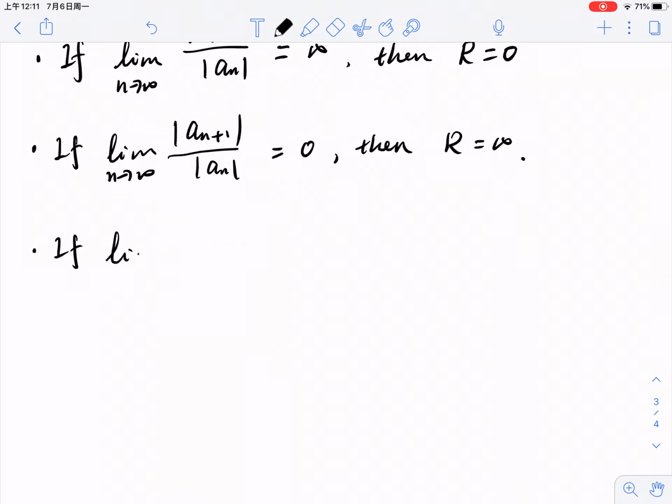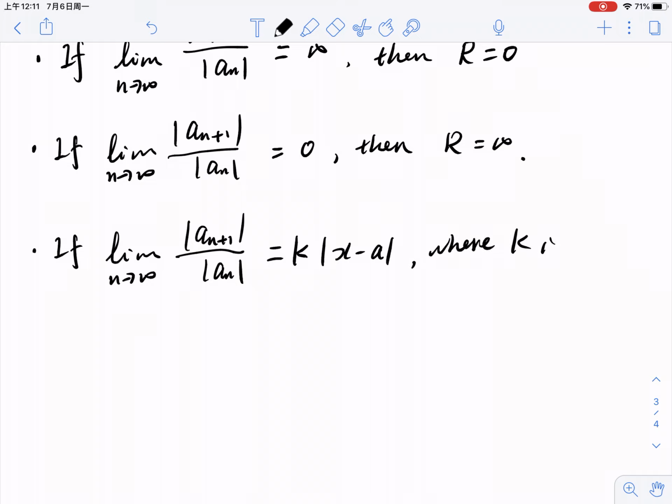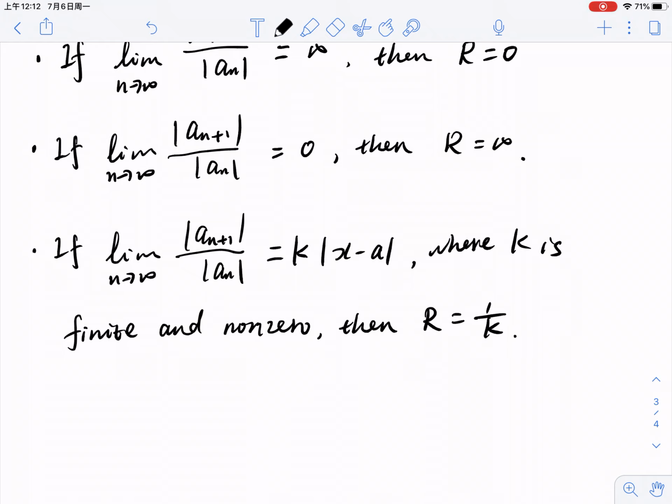If the limit is k times the absolute value of x − a, where k is finite and non-zero, then R is 1/k. This is a method for computing the radius of convergence. Now we look at an example.